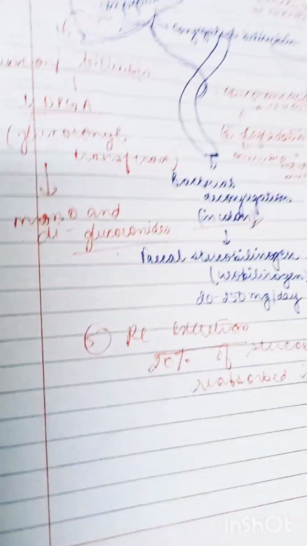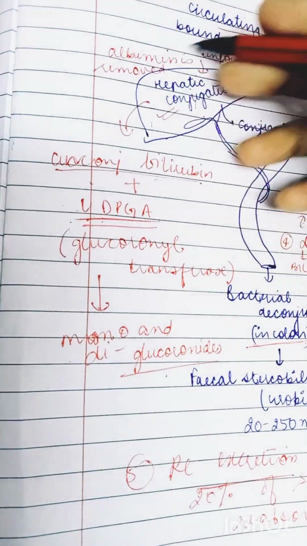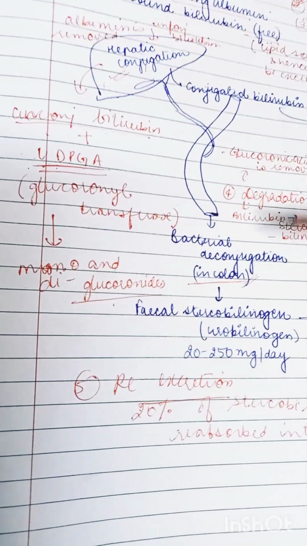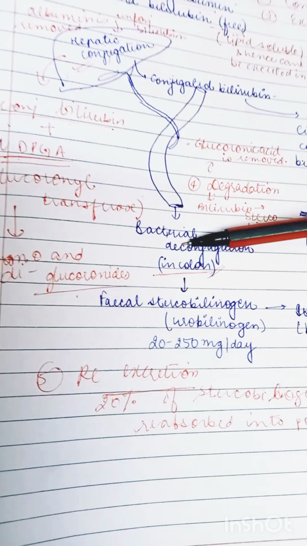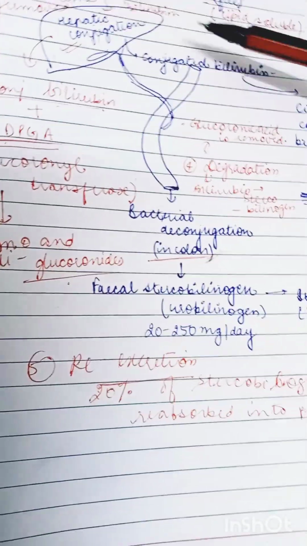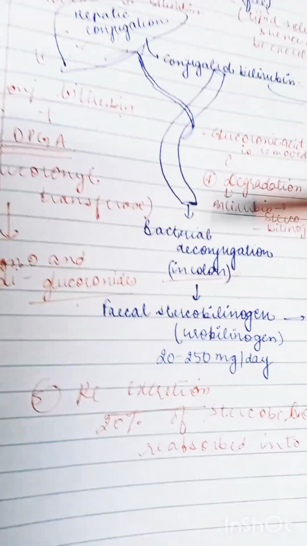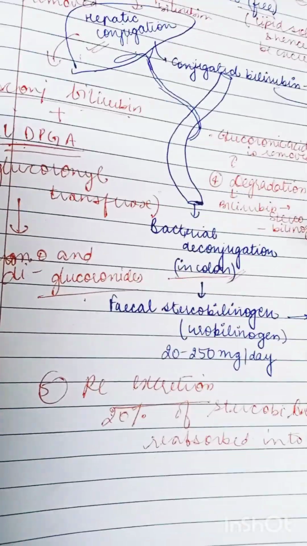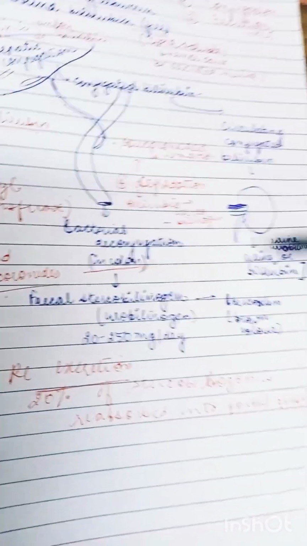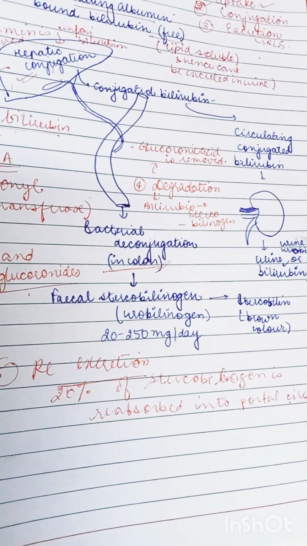Then from the portal circulation it is taken up by the liver. So 20% is taken to the liver, then again it will enter the enterohepatic circulation to drain into the colon, and the remaining is filtered and goes to the kidney, forming urine urobilinogen.